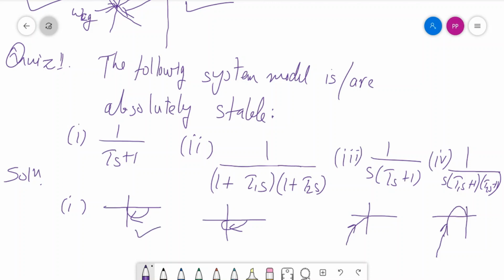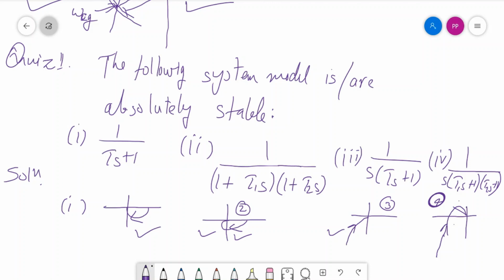In the second case, we have the system in the third and fourth quadrant, so it is stable. In the third case, it is in the third quadrant, so it is stable. And in the fourth case, unfortunately, this goes to the second quadrant and third quadrant, so that is why we will have a phase margin which is not positive.